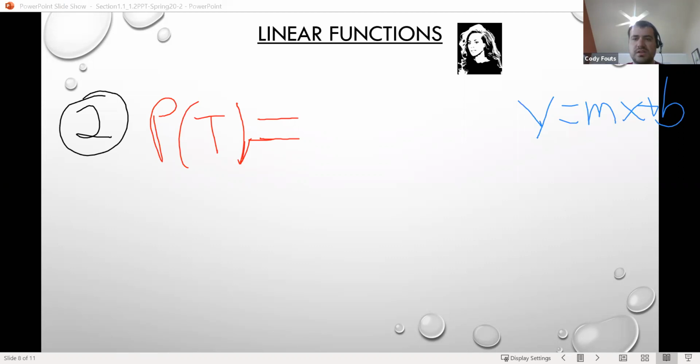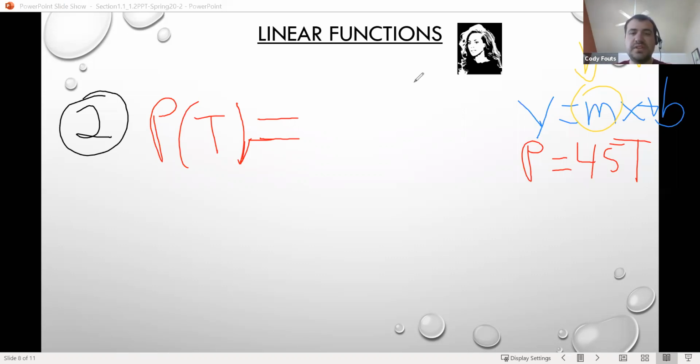And here, of course, we're not using x's and y's, we're using p's and t's. So in place of the x here, I could put t's. In place of the y's, it'd be p's. And then m, if you recall, m stands for our slope. We just calculated our slope in the previous slide. So our slope was equal to 45. That was $45 per ticket.